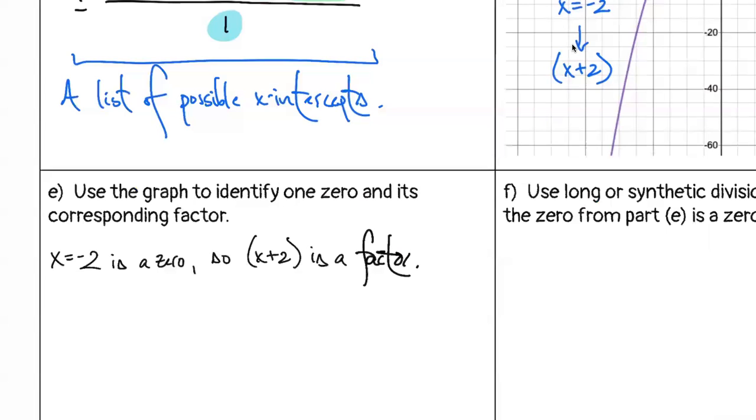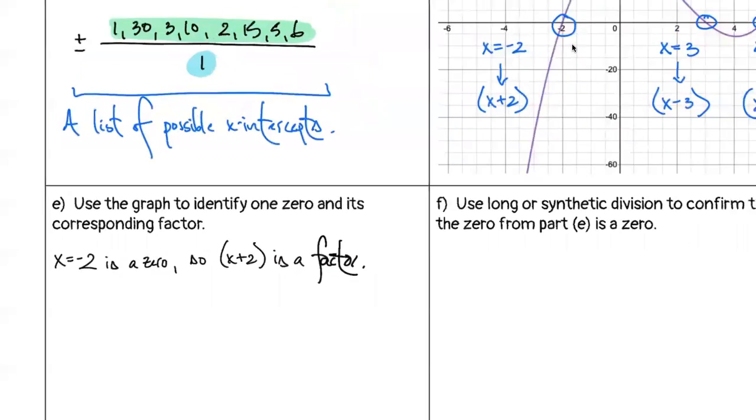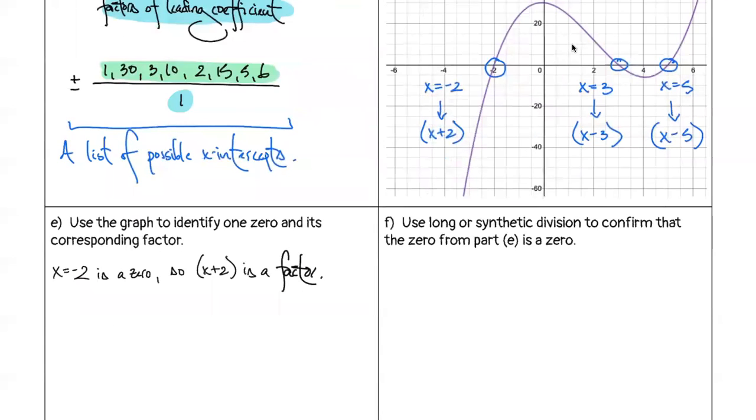So x plus 2 is a factor. Now you could have also said x equals 3 is a 0, so x minus 3 is a factor. Or you could say x equals 5 is a 0, so x minus 5 is a factor. Any one of those would be okay.